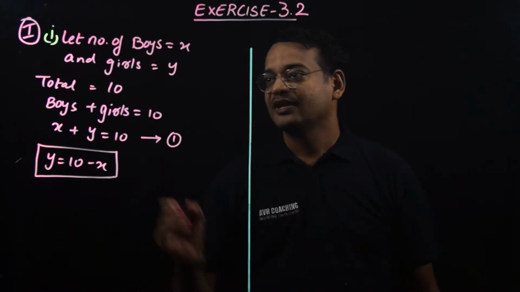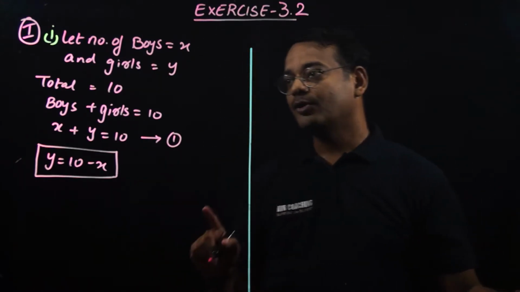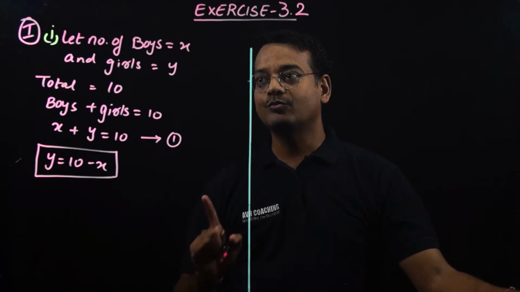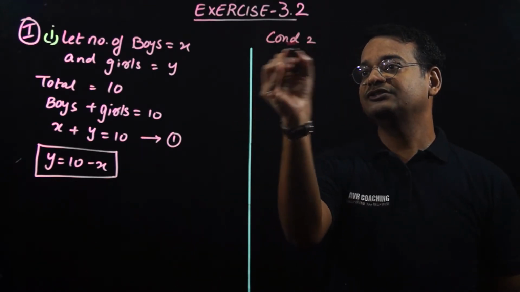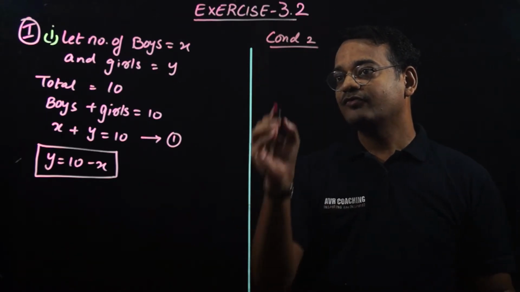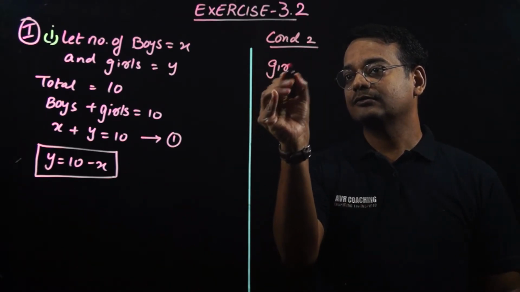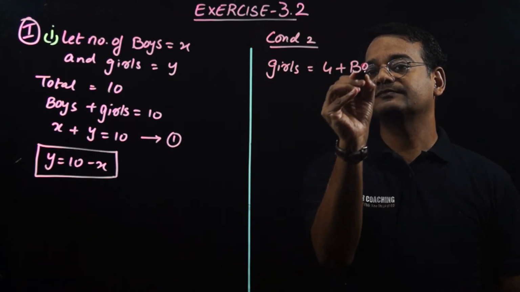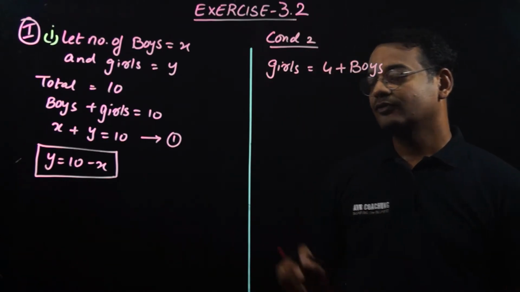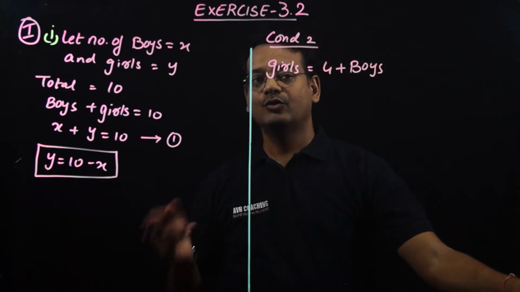Okay, now the next condition says the number of girls is 4 more than boys. This is condition 2. Condition 2 says the number of girls is equal to 4 more than boys. Means there are 4 girls more than boys.